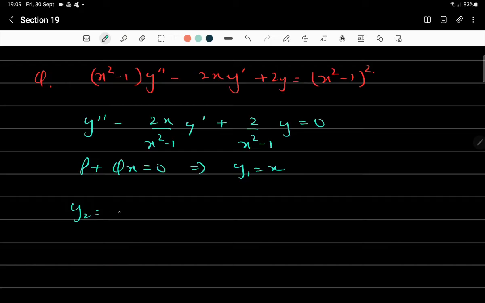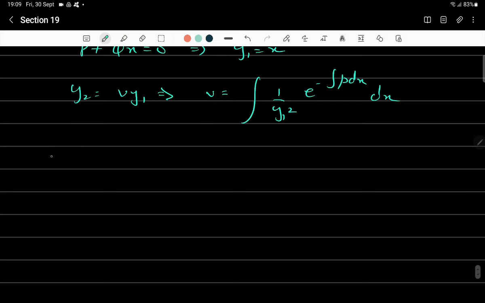And I know that y2 is v y1, where v is equal to integration of 1 by y1 square e raised to the power minus integration of p dx. So now the calculation is quite easy.